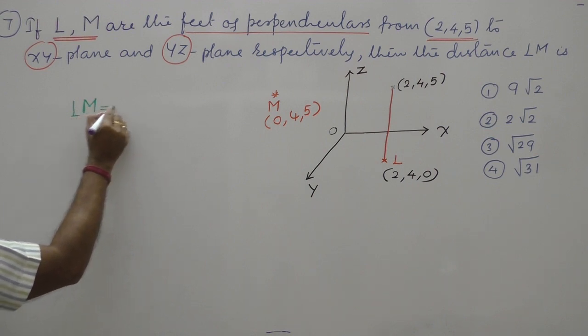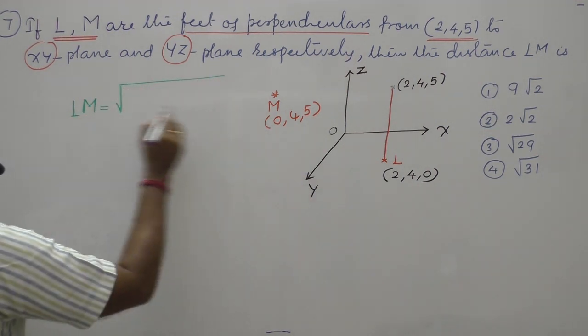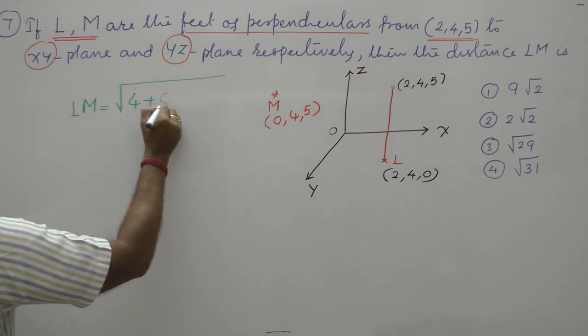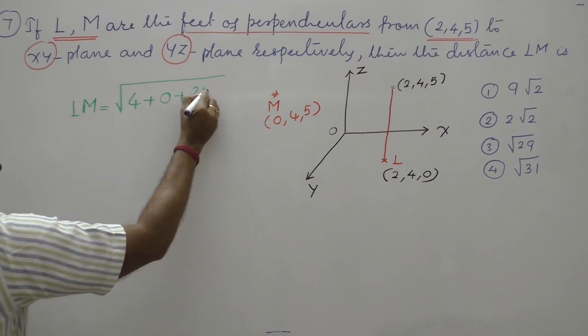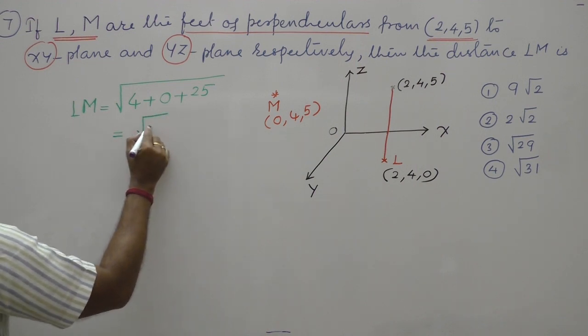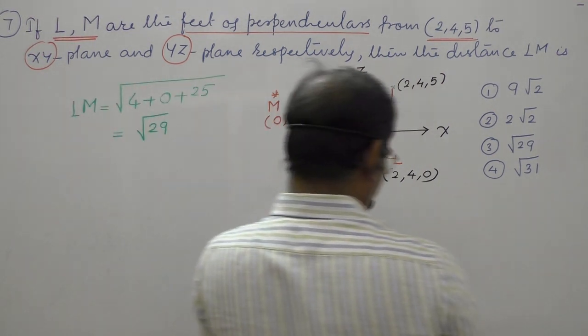Very simple, finding the distance between these 2 points. 2 minus 0, 2 squared. 4 minus 4, it is 0. 5 minus 0, 5, square is 25. This length is root 29. Therefore, third option.